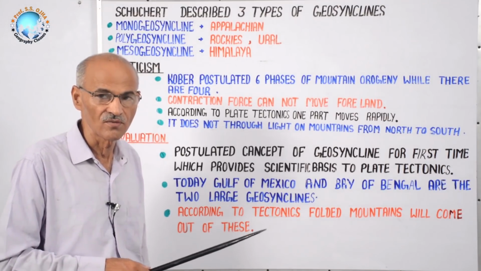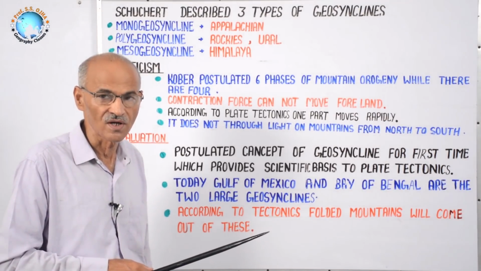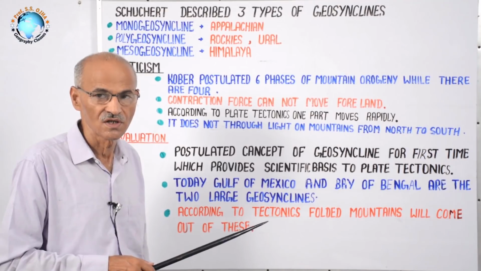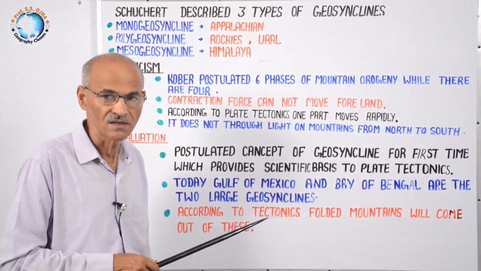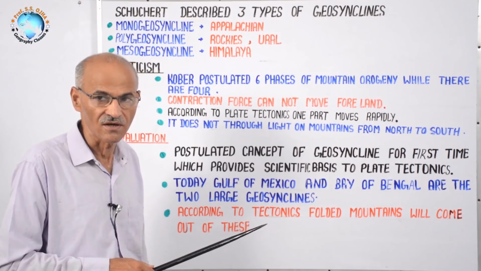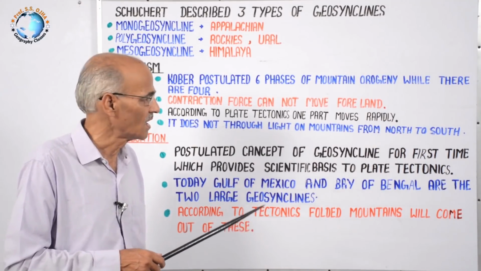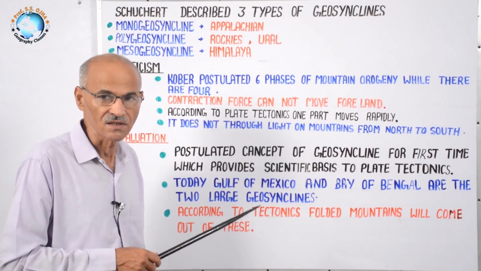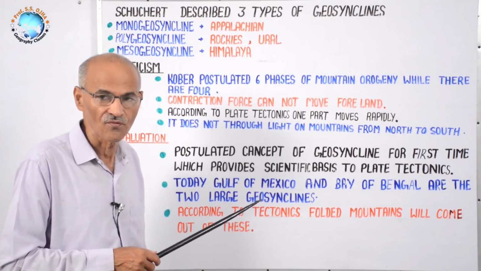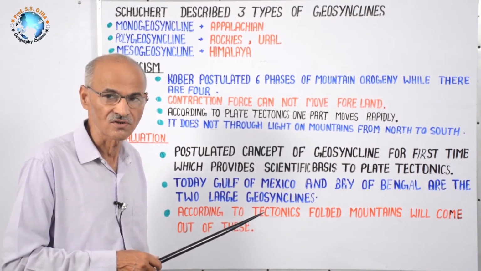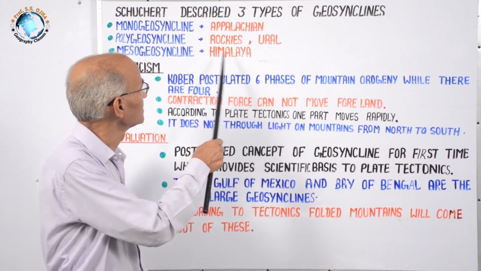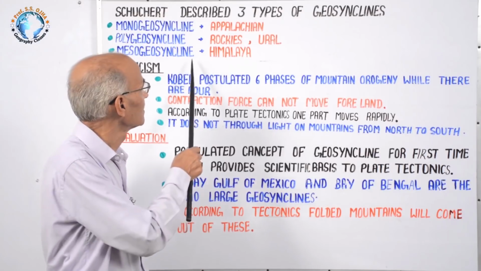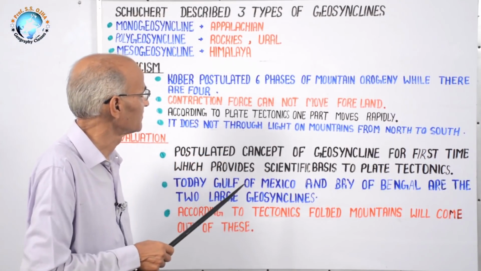That's why you should remember some points: he supposed 3 layers in the earth. Second, he discussed 3 stages of mountain orogeny. Next, he used 4 technical words, on the basis of which the geosynclines have been classified into different types.